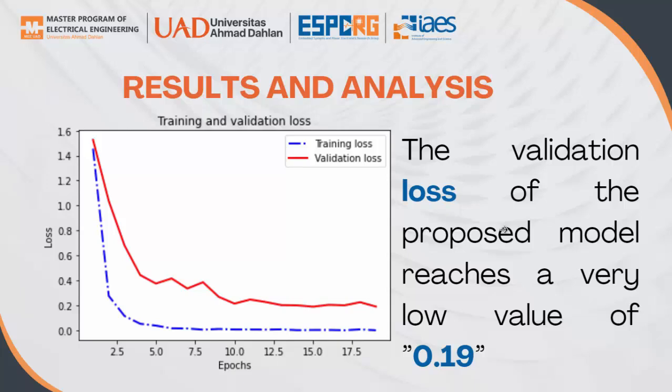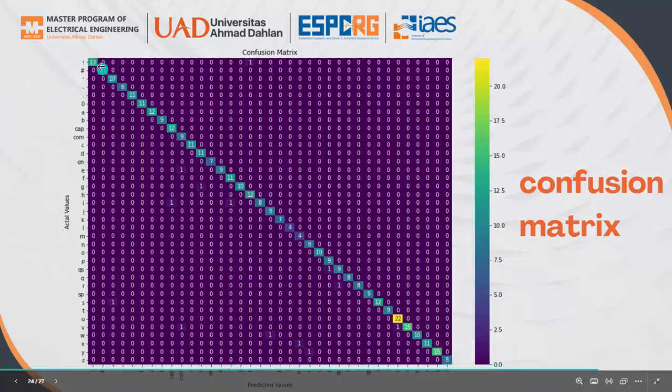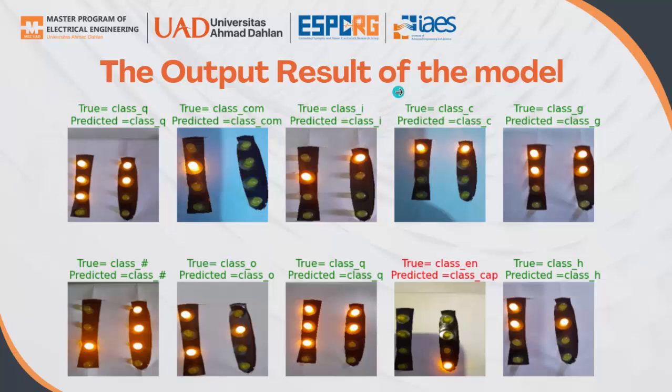In the future, there will be a lot of features, and a mobile app will be built on this method. Also, we can see in the confusion matrix that all the data is on the diagonal, which means our model is very good.